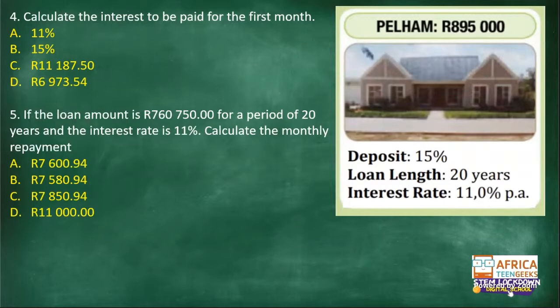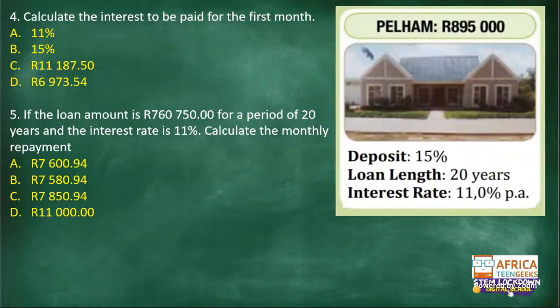Because if you pay a deposit of 15%, you'll be left with a loan amount. So remember that the 15% was calculated as 132,000 rands. In fact, 134,000 rands. That's the 15% of the 895,000. So once you have paid the deposit, then you'll have the loan amount.